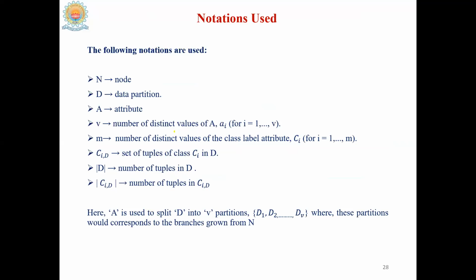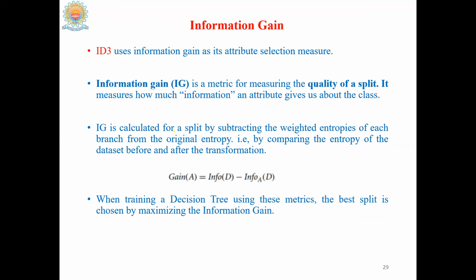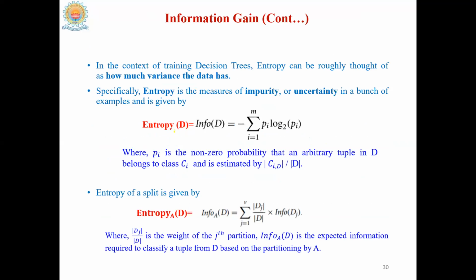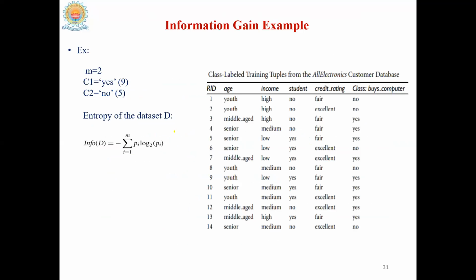In information gain, we have entropy for measuring the uncertainty present in the data set. Our goal is to reduce the entropy, thereby increasing the information gain. So we need to find the gain value for each attribute, and the attribute with the highest information gain is selected as the root attribute. Its main drawback is that it is biased towards multi-valued attributes.